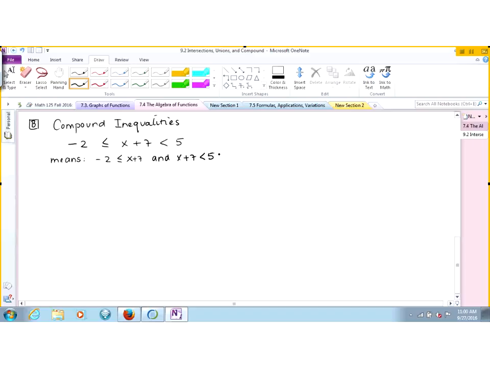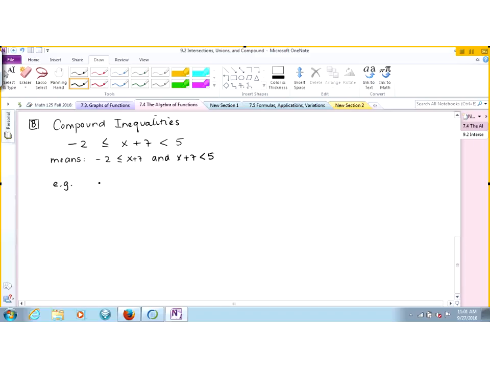But are we going to split it? No, we're going to work all three sides at the same time, because I only have x in the middle, so I could do it. If I have x's on all sides, then I have to split it. So this is how we're going to work on it.